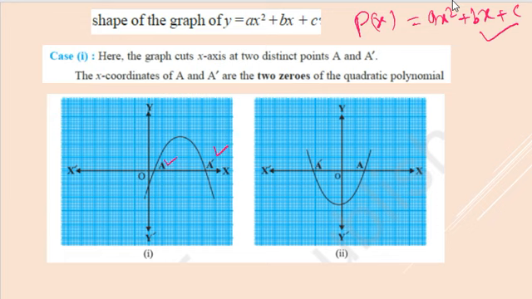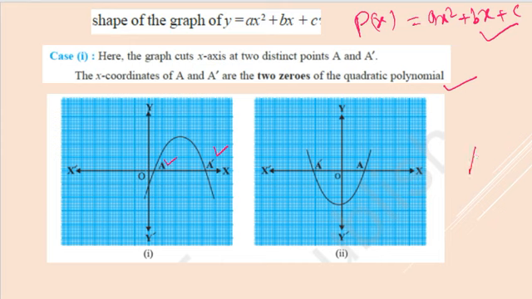You know very well how to name a point. A capital letter is used to indicate the position of any object. These are the two zeros of the quadratic polynomial, A and A dash.